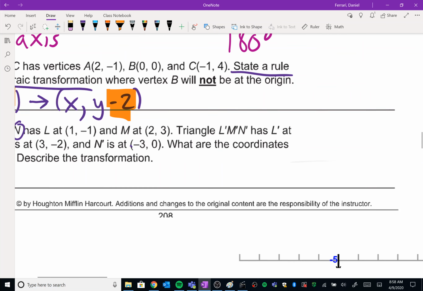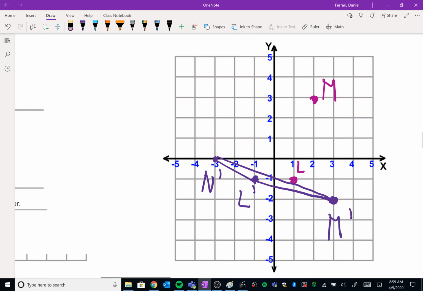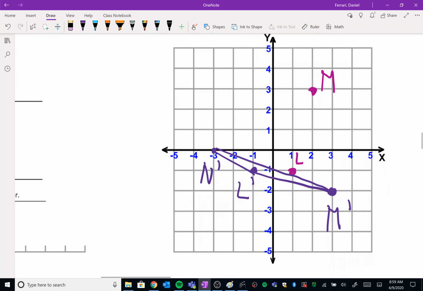So the first thing I'd recommend is just graph it, and I did that. I plotted all the points. We have our N prime, L prime, and M prime triangle, making this really thin, obtuse triangle. And then in the lighter purple we have point L and point M. Our goal here is to find where this N prime point moved from to give us back that N that we started with.